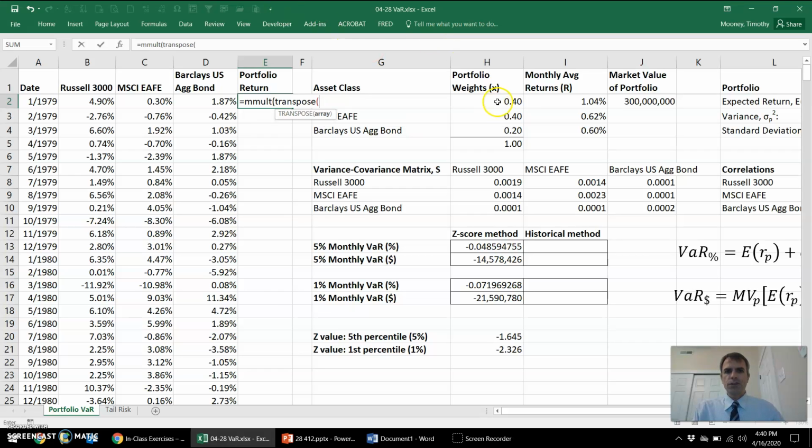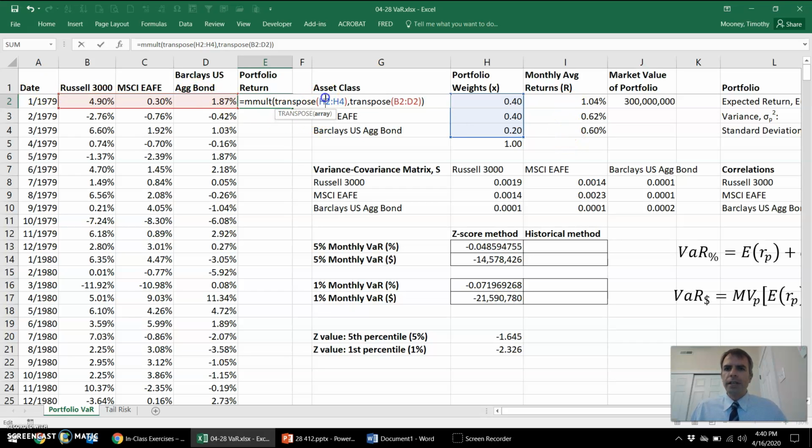X transpose is here, and we want to multiply that by R. The return in this month is transposed, so we have to transpose it again to get it back to just plain old R. Here's R transpose. If we transpose that again, it'll get back to being shaped like an R matrix, 3 by 1 as opposed to 1 by 3.